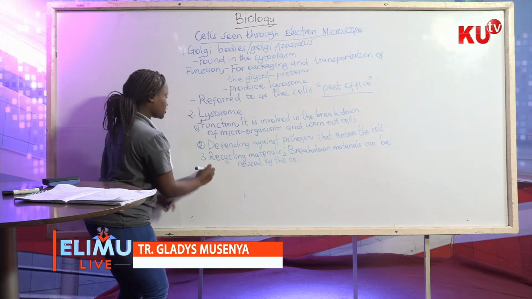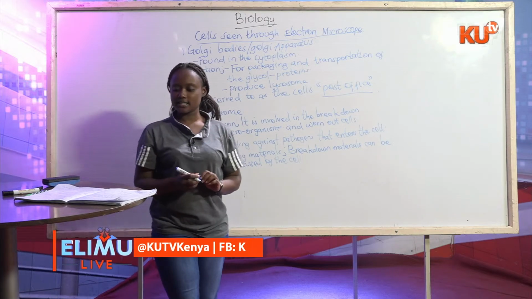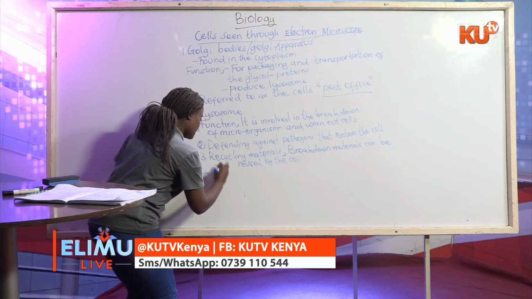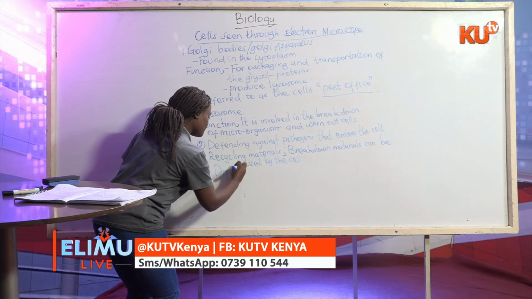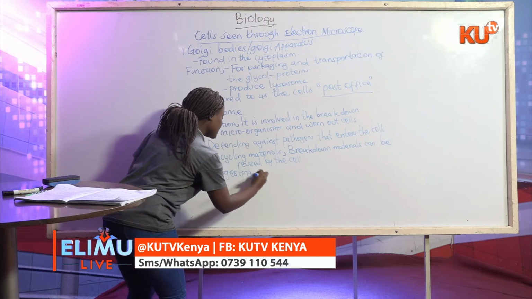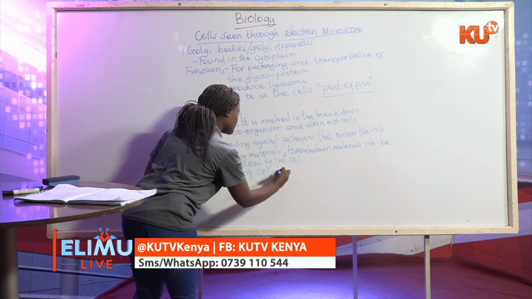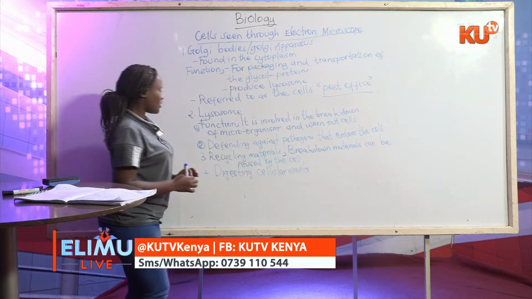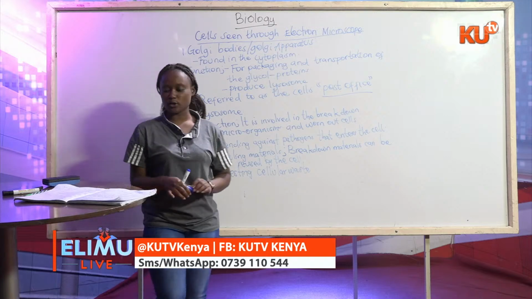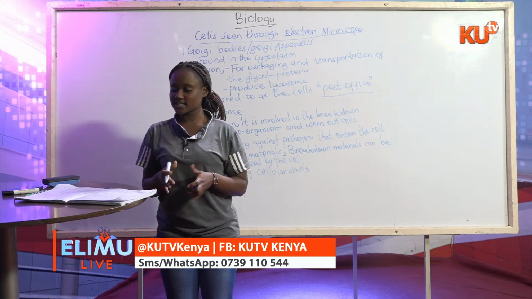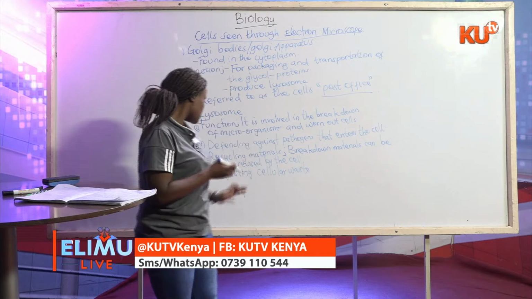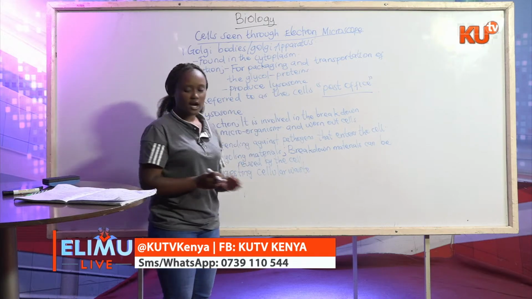The fourth function of the lysosome is digesting cellular waste. So the lysosome digests the cellular waste. The cell digests its own damaged or old organelles. So this is the meaning of digesting cellular waste.